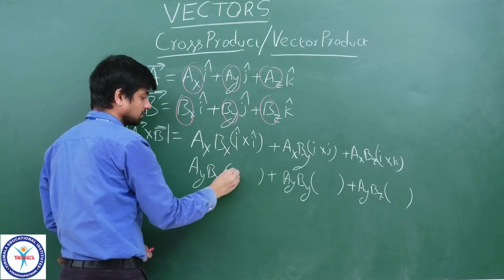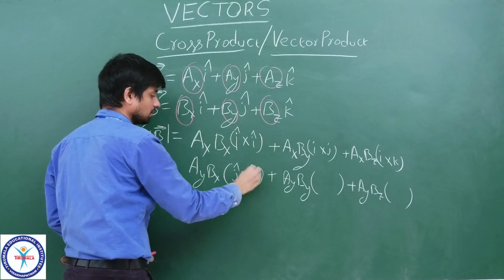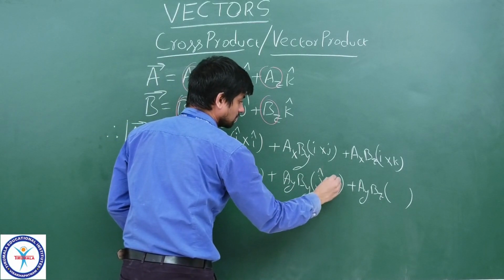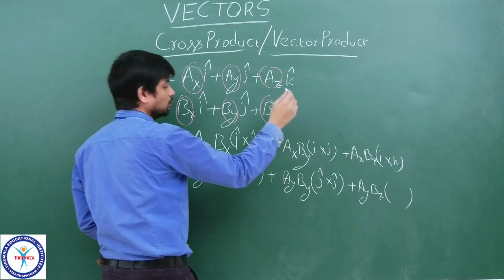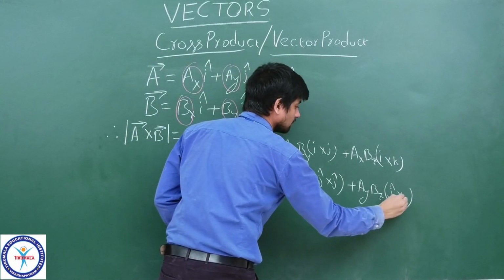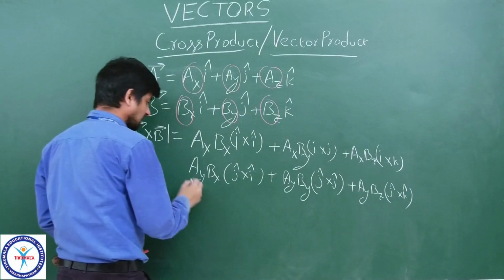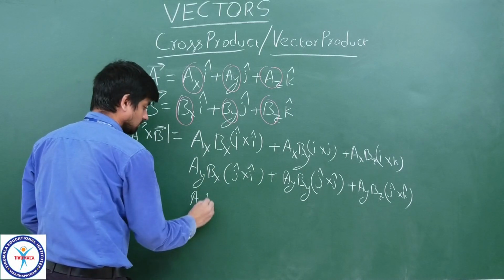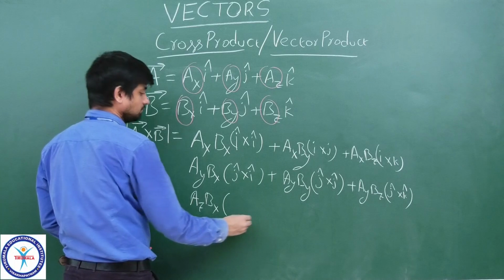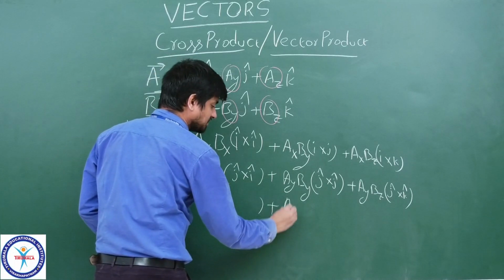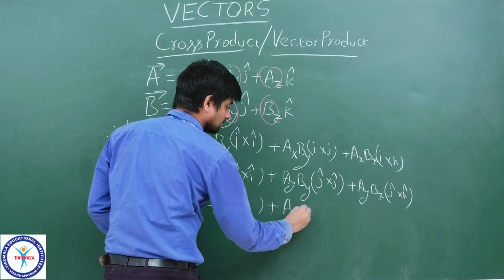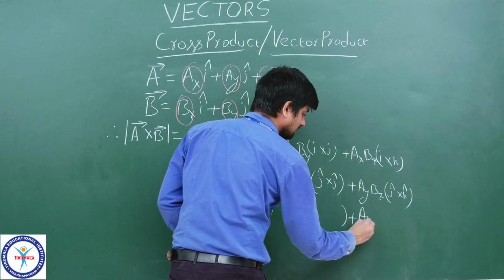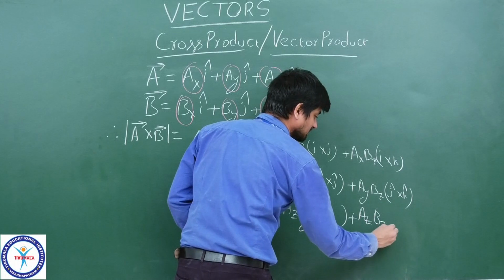So what are the unit vectors being multiplied here? j into i, j into j, j into k. In the same way, Az Bx and Az By and Az Bz.